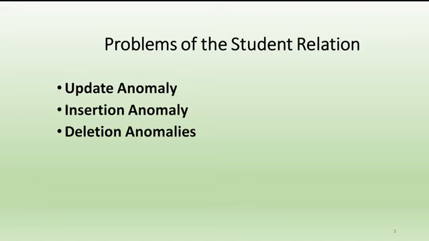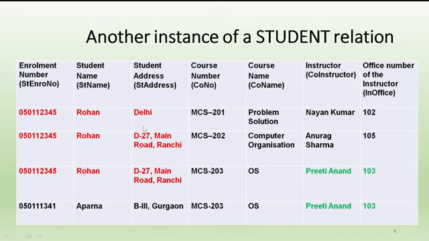An update anomaly is the one which occurs due to updating the table where the redundant information is available. For example, suppose that student Rohan changes the address to Delhi.